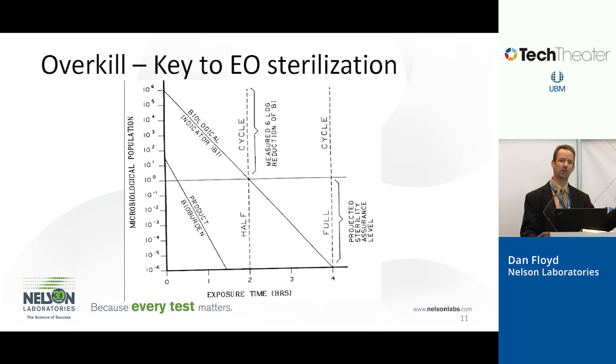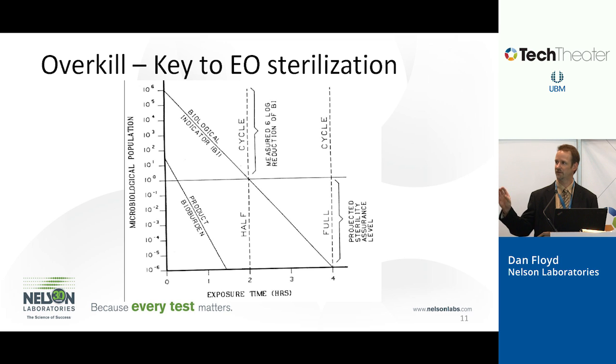So really the cycle is twice as long as it needs to be, but that's really where you get that flexibility in that process. A lot of you have probably heard the term sterility assurance level of 10 to the minus 6. That's basically 1 unit in a million being non-sterile.